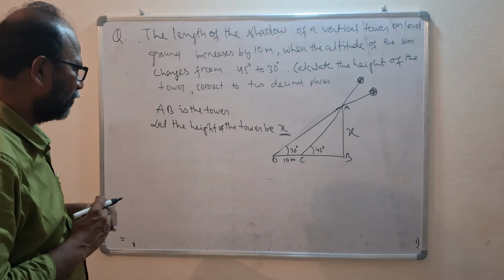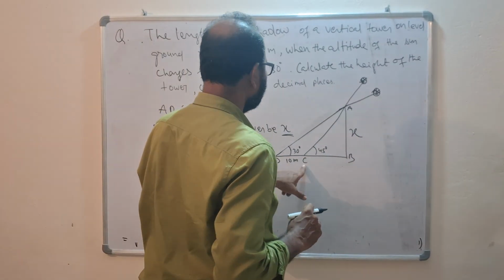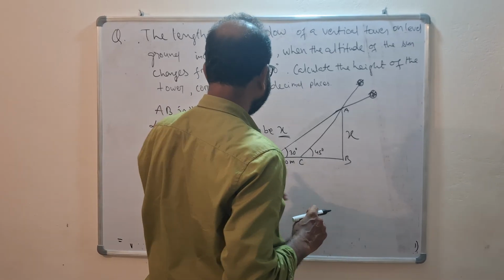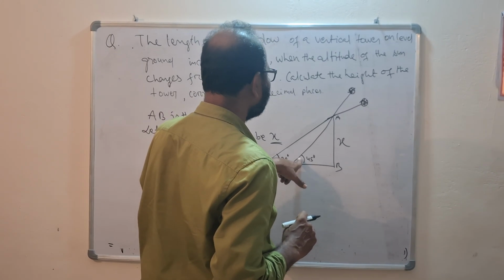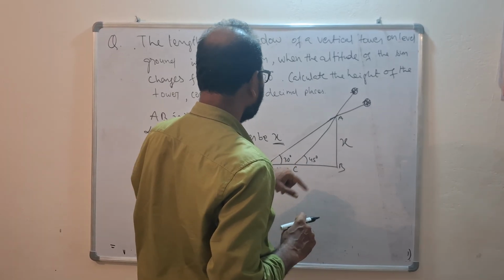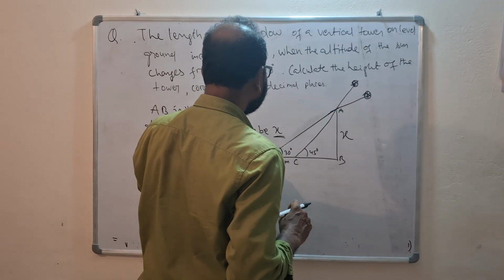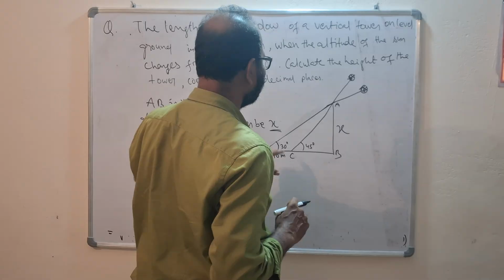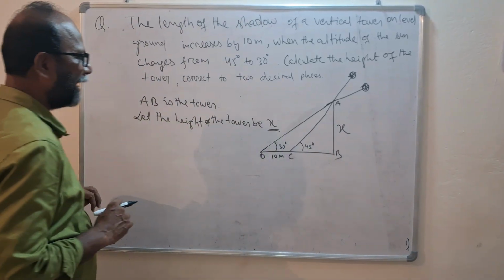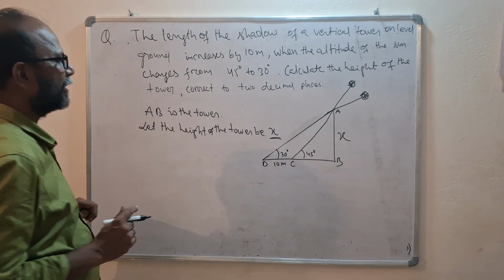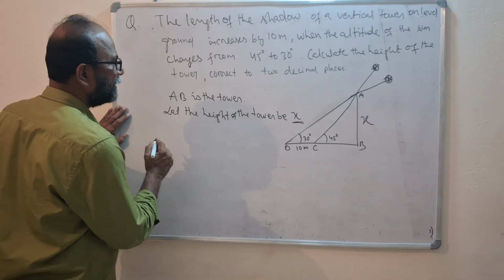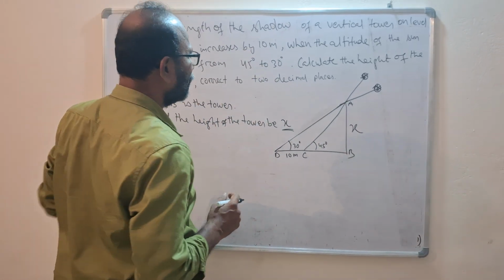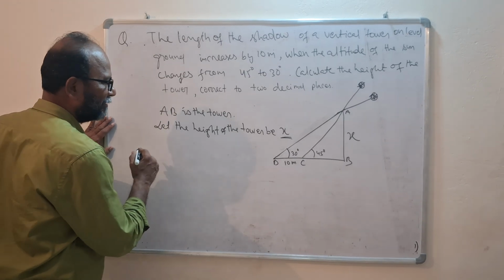AB is the tower. So shadow BC is one shadow and BD is another shadow. BC is the shadow when the angle of elevation is 45 degrees and BD is the shadow when the angle of elevation is 30 degrees. BC and BD are the two shadows. So the shadow increases by CD, CD increases by 10 meters.